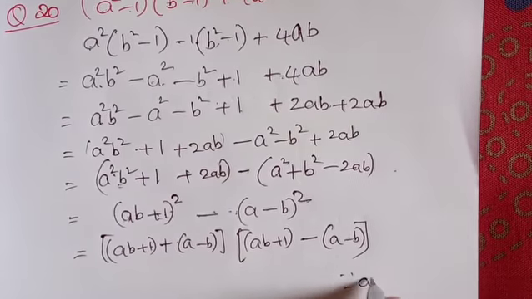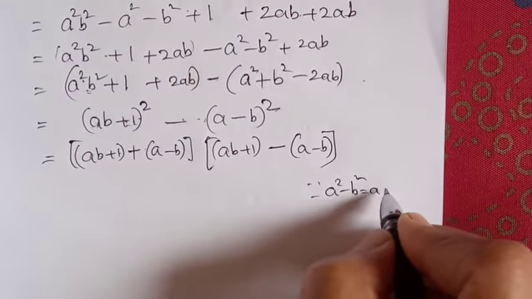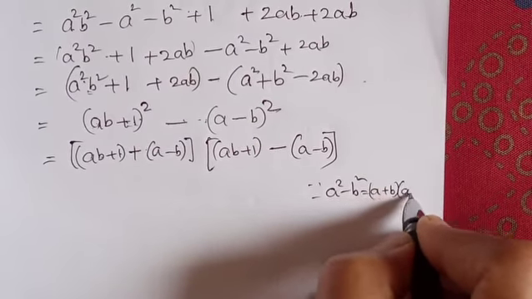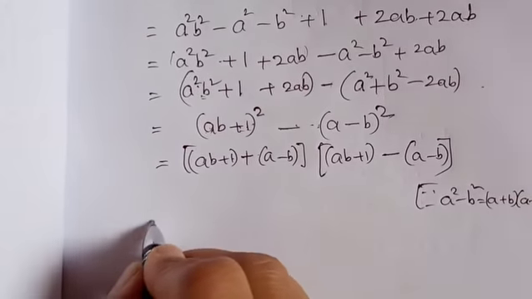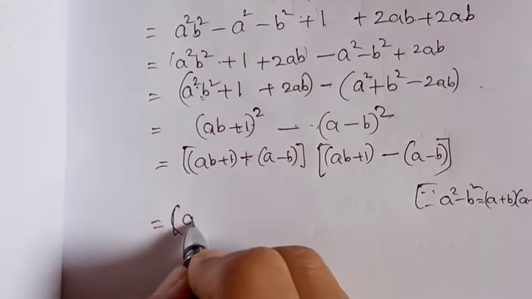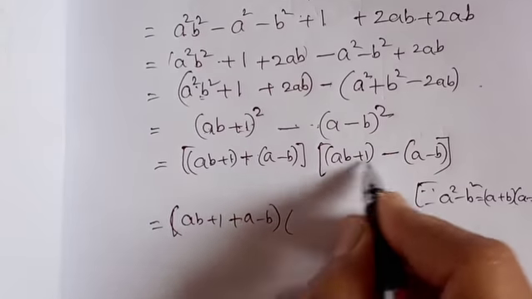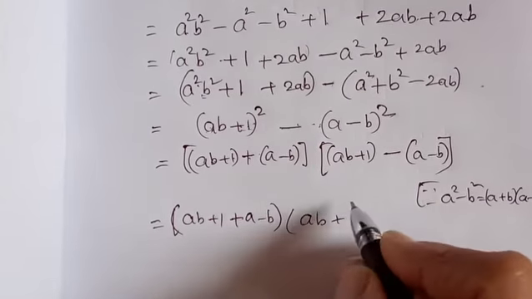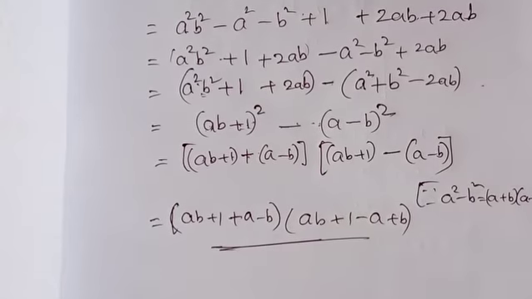Since a square minus b square is equal to a plus b, a minus b. Next, now we will remove the bracket: ab plus 1 plus a minus b, here again ab plus 1 minus a plus b. This is the required answer.